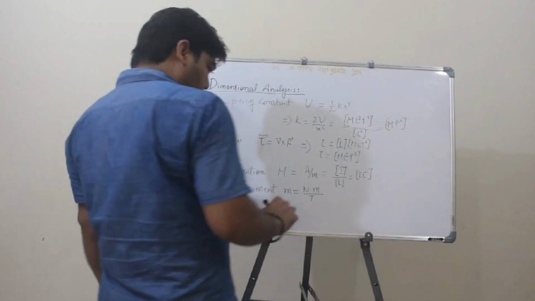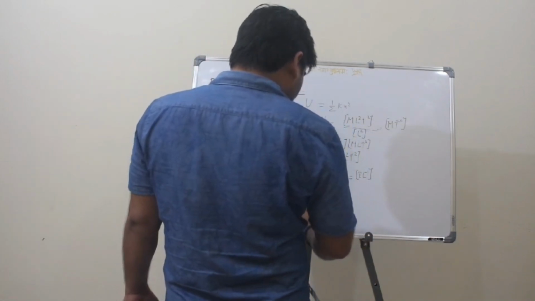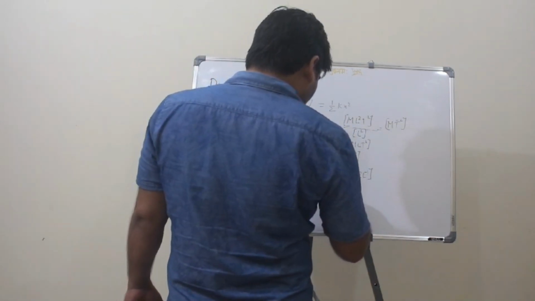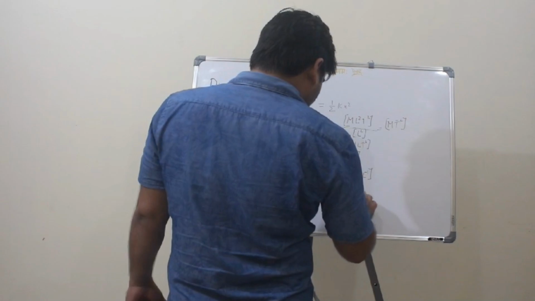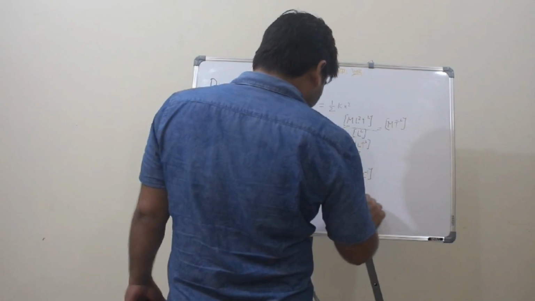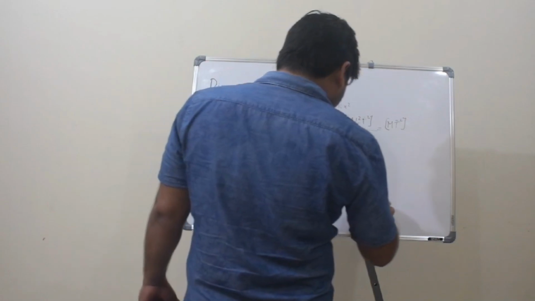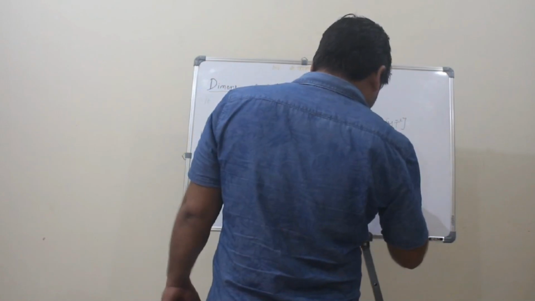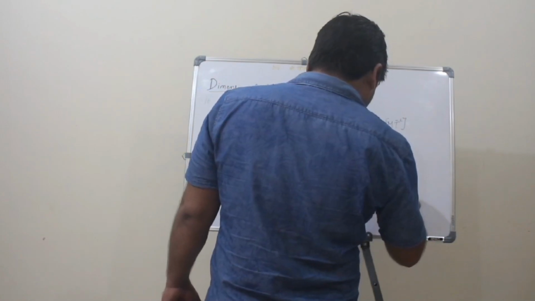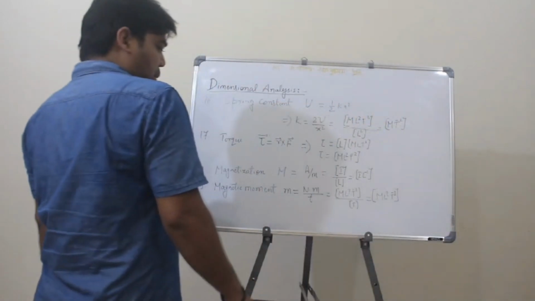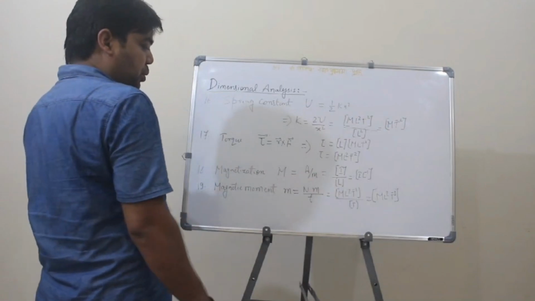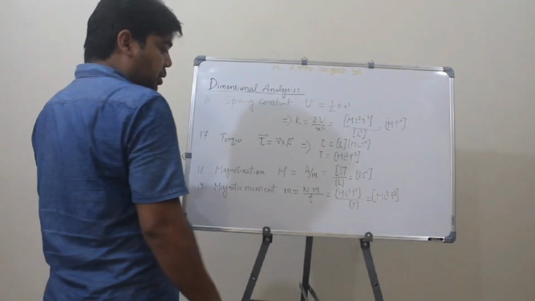So it has a dimensional formula of M L square T to the power minus 2 divided by T, giving you M L square T to the power minus 3 as a dimensional formula, where Newton is M L T to the power minus 2 and meter as the dimension is L.